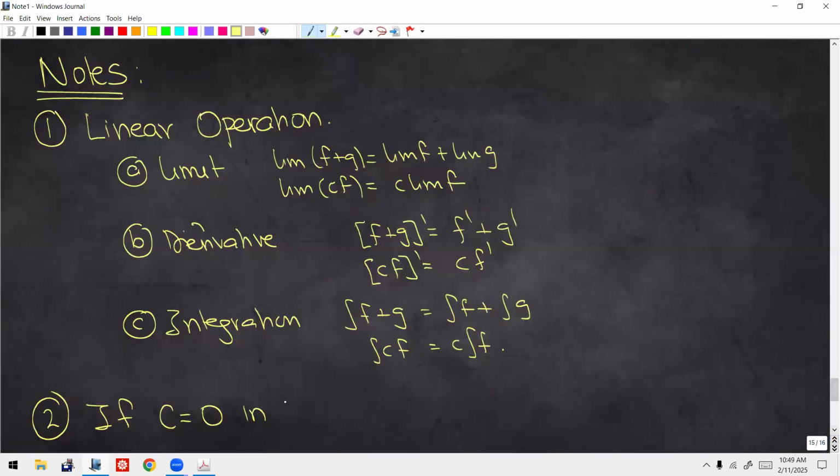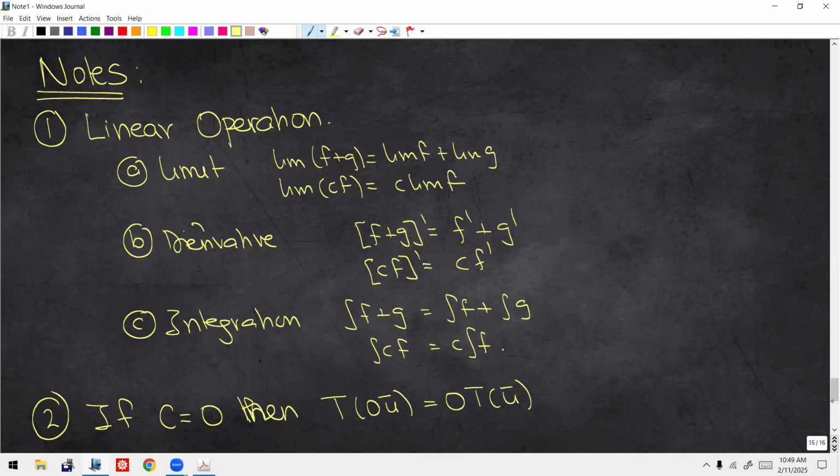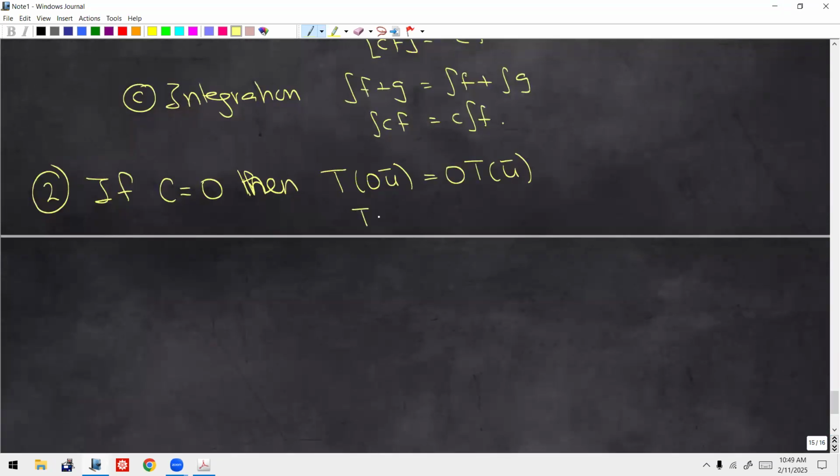If C is 0, then what happens? You get T of 0 times U is equal to 0 times T of U, which becomes what then? We get T of, if you take 0 times some vector, you'll get the 0 vector, is equal to, out here you take 0 times, this will give us a vector, so if you multiply it, you'll get the 0 vector.